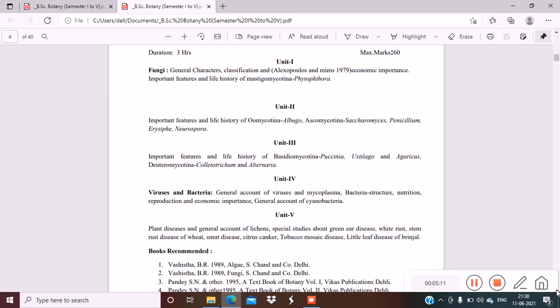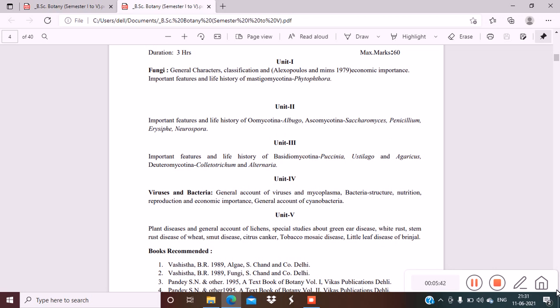Second unit, it is also of fungi, important features and life history of Oomycotina, Albugo, Ascomycotina, Saccharomyces, Penicillium, Erysiphe, Neurospora. Unit 3rd is also of fungi. It includes the topics important features and life history of Basidiomycotina, Puccinia, Ustilago and Agaricus, Deuteromycotina, Colletotrichum and Alternaria.